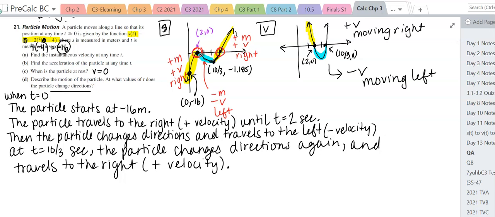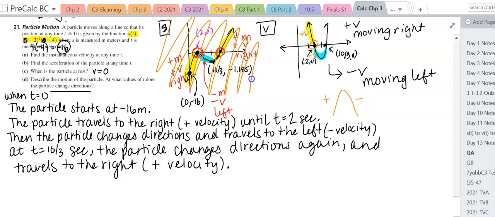All right, so see how up here at 2, 0, you're going from a positive velocity to a negative velocity. So this means that your slope of your position went from a positive slope to a negative slope. Positive, negative. So you can actually tell, even if you didn't have this, that at 2, 0, or at x equals 2, the original position graph would have had a max.